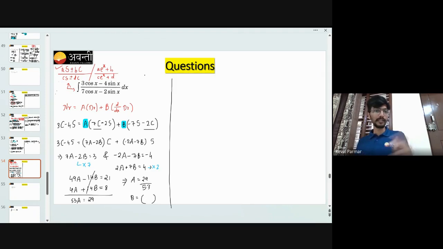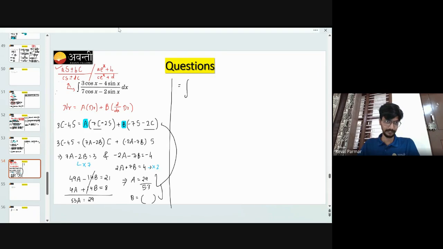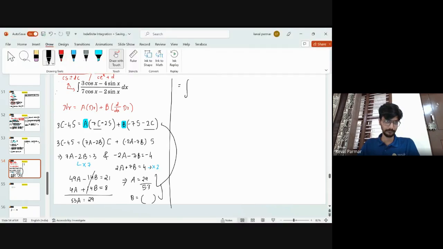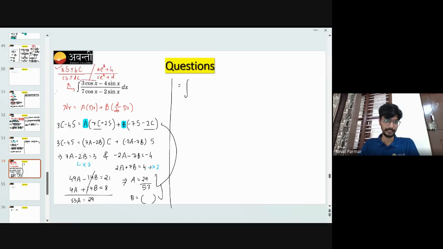So now what I'll do, I'll substitute A and B here. Right? That means my integral will become, ये जो लिखा है, in place of this I can use this. Correct?